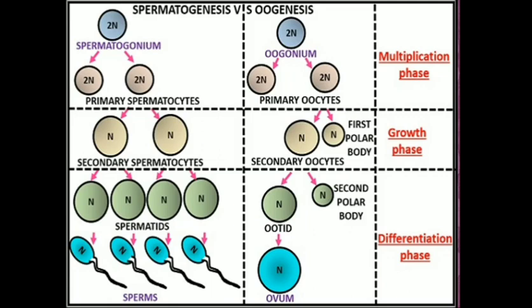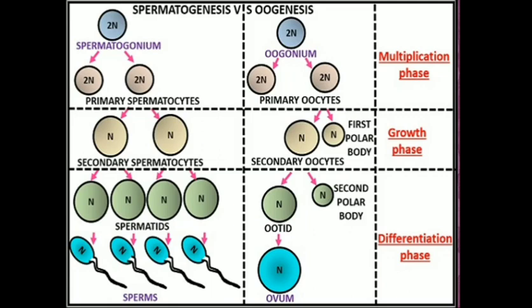Third point of difference, primary spermatocyte undergoes meiosis 1 resulting in the formation of two equal-sized secondary spermatocytes, whereas primary oocyte undergoes meiosis 1, which is unequal, resulting in the formation of one large secondary oocyte and a small polar body.